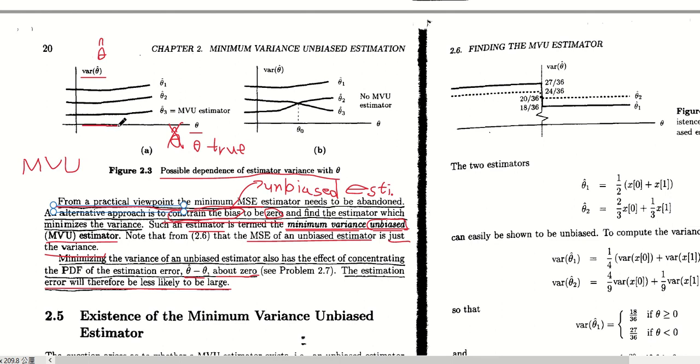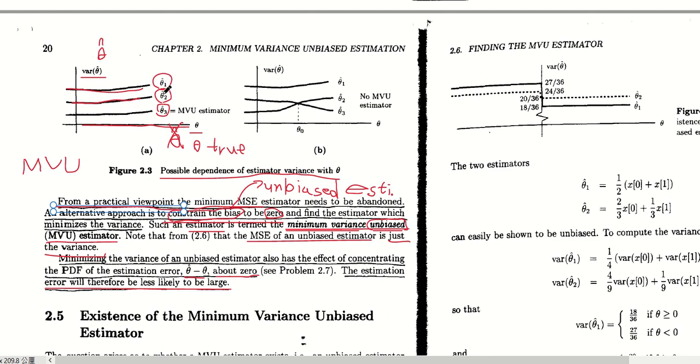On the horizontal axis, it's not theta hat, it's theta. Theta is a true value, but unknown. So we have variance of theta hat versus theta. And there are some cases where you see theta 1, theta 2, and theta 3. And you see that in this case, this one is larger than this one. So what that means is theta 1 is uniformly better than theta 2.